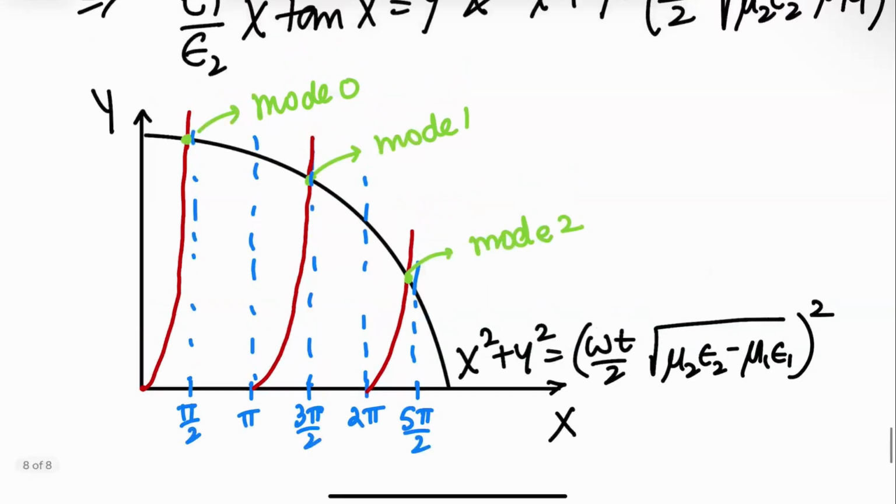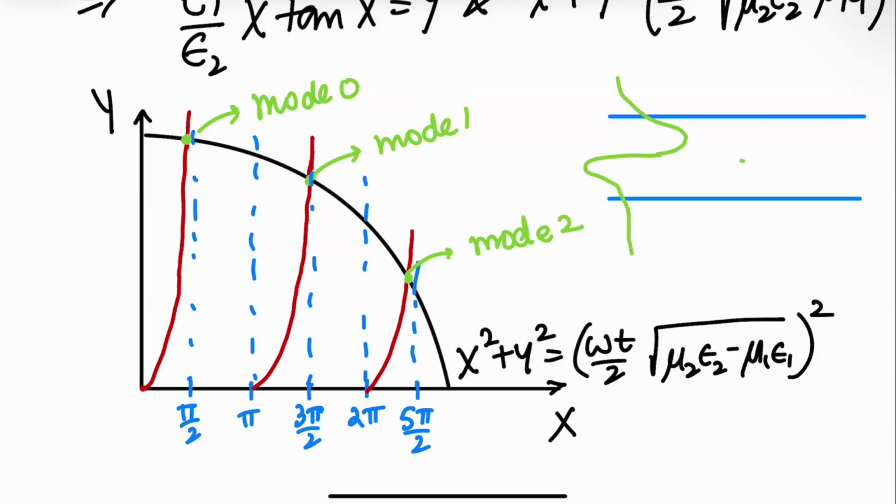So if you actually plot these modes, what do they look like? Mode 1 is the mode that looks like this. Mode 2 looks something like that. Mode 3 is that one, and so on. Right, so this is mode 0, mode 1, mode 2, and so on.